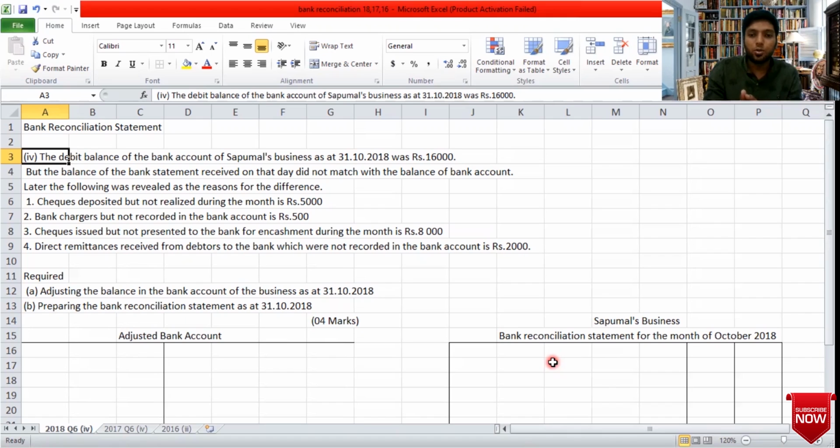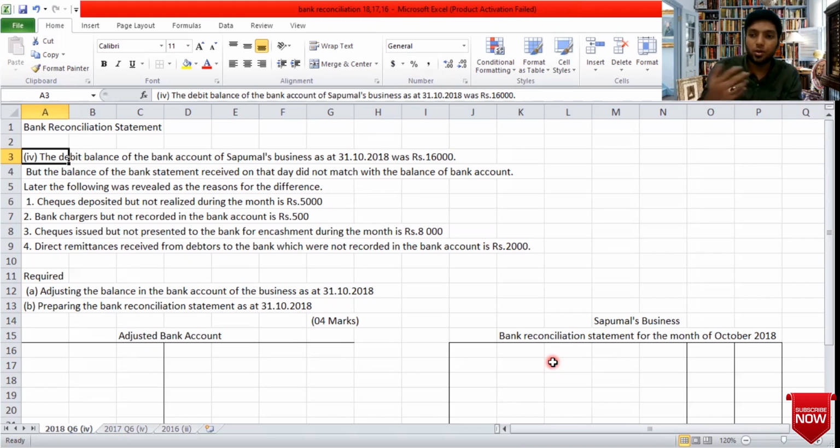For this sum, you need to know this basic understanding, and also what is in the cash book and not in the bank statement. Most probably, it will be unpresented checks and unrealized checks. Remember, unpresented checks is something which you have paid, but the bank has not paid to the customers yet.